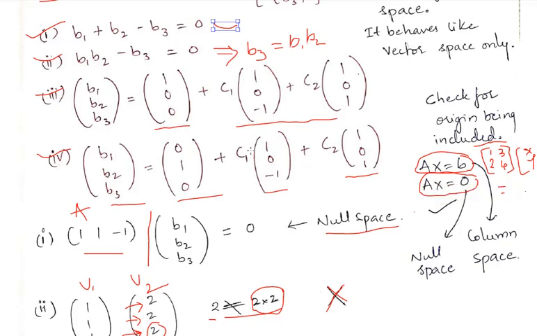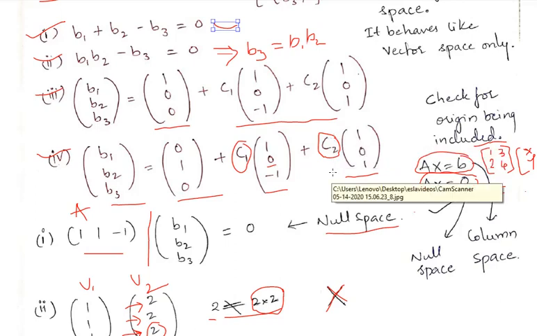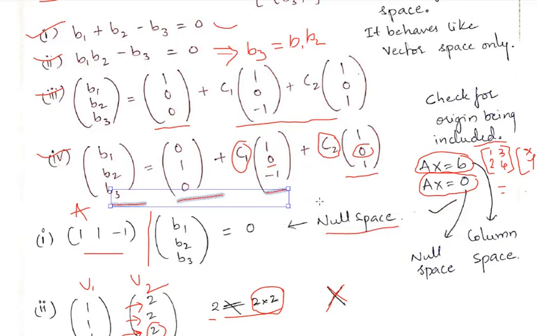Can you observe here, if you put any value of c1, the center part will always be 0, correct? And for c2, if you put any value in this scalar quantity, let it be 100, 1000, 200, 4, 5, 6, anything, the center part is 0.